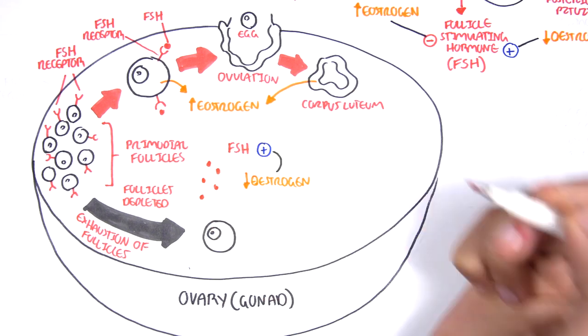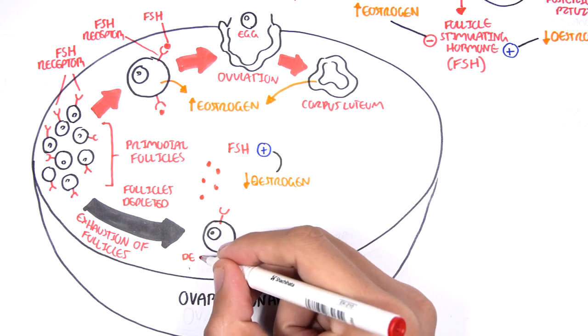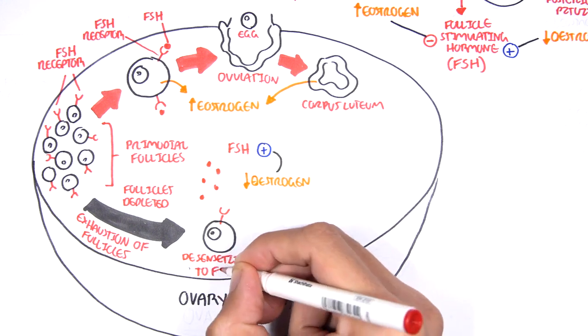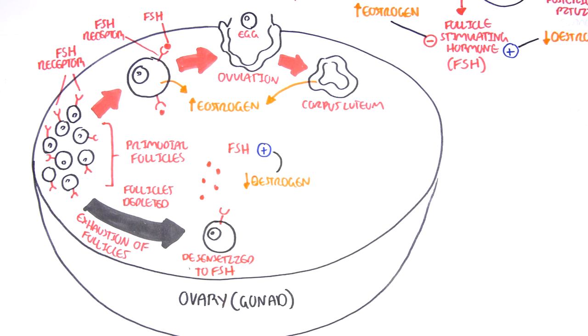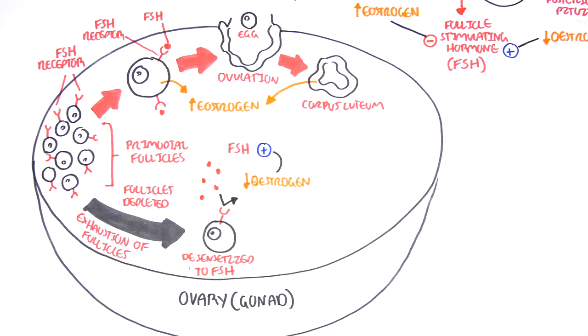And because it will stimulate the release of more FSH, this will desensitize the follicle to FSH. And so as a result, because there's so much FSH, it just will not work on the follicle. And so you actually have no ovulation occurring.